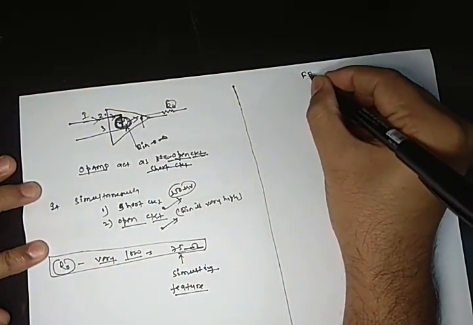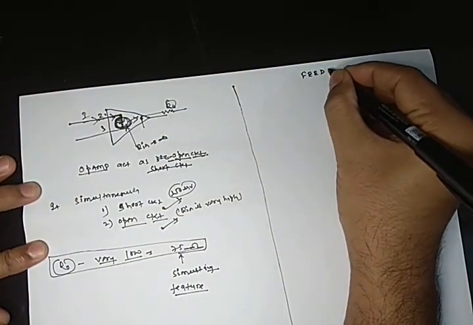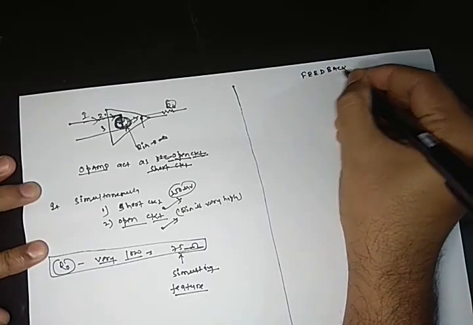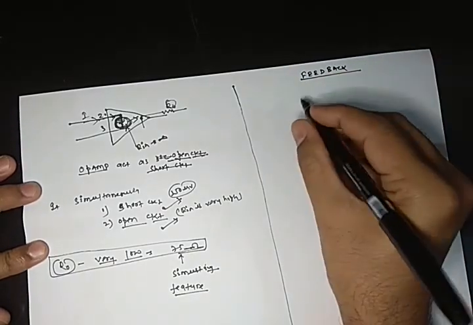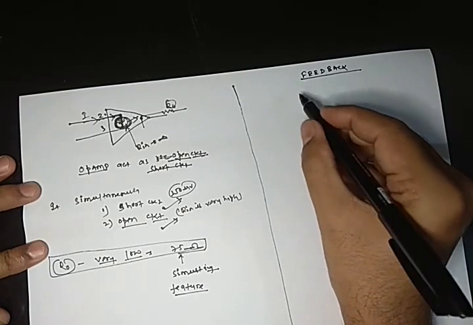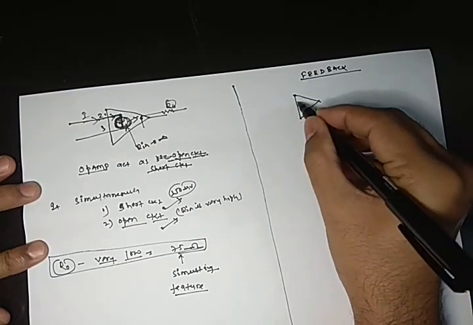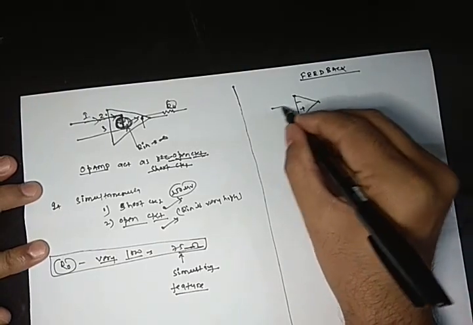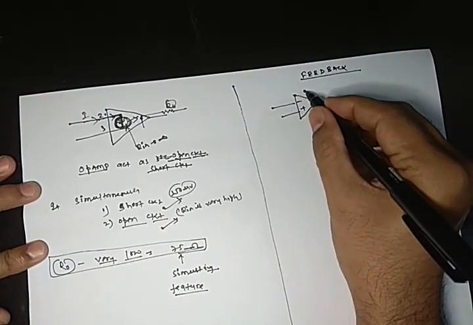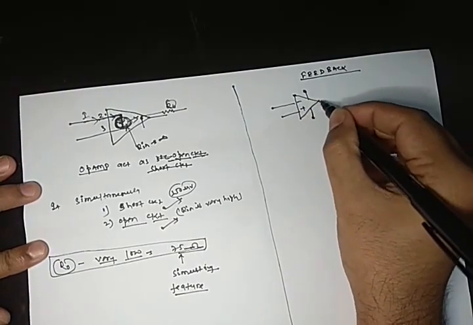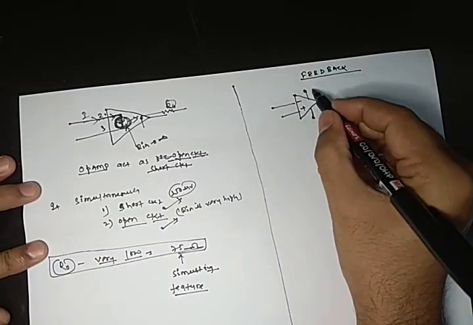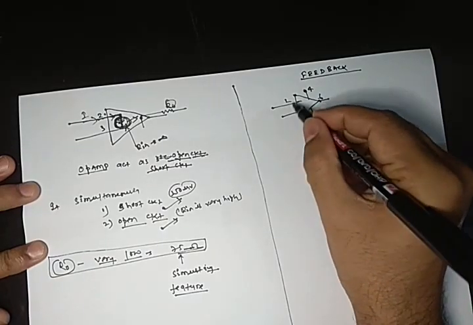Now going to feedback. This is your Opam. This is your 6, this is 4, 7, 2, 3.